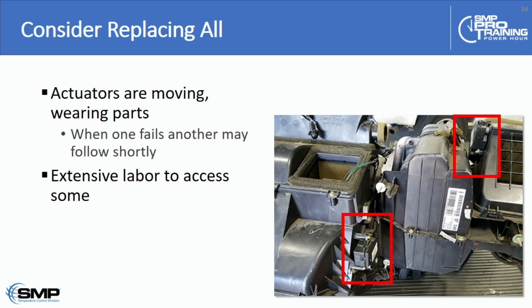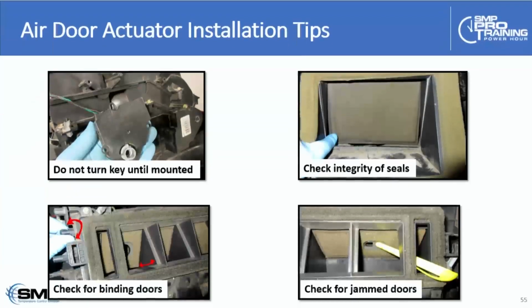We make kits with maybe 4 actuators per kit, so that you can replace all the actuators in one repair. Certainly, I'm going to replace any actuator that would require taking the case back out again. If another actuator were to fail, then I'm going to replace at least all those actuators that would require case removal, if I have to take the case out for any reason.